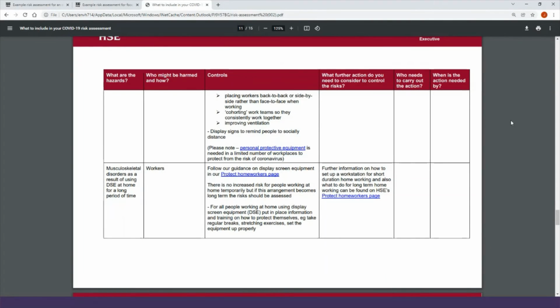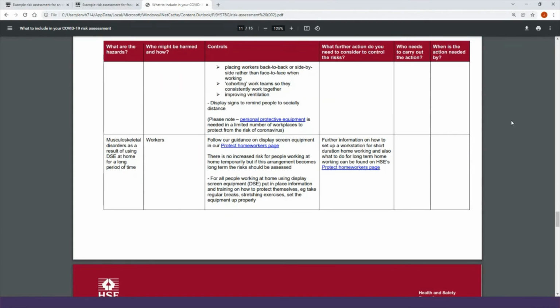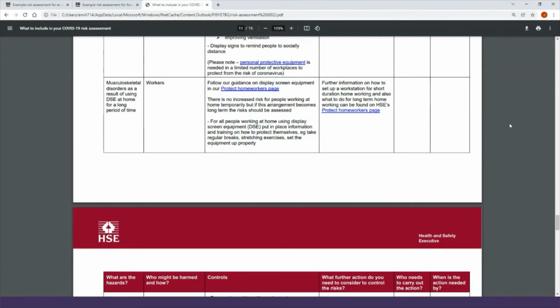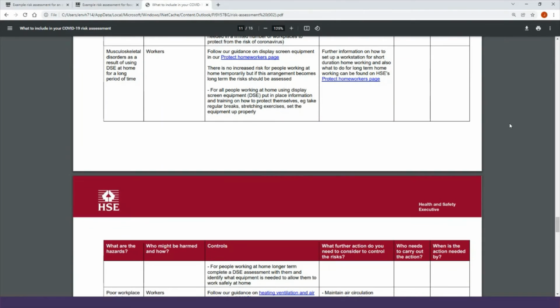See here, it also identifies using DSE at home. So for those people that still have the workforce at home, because you've seen that as a very good business model, making sure not to forget those individuals at home, making sure you carry out display screen equipment assessment with them and regularly review that.